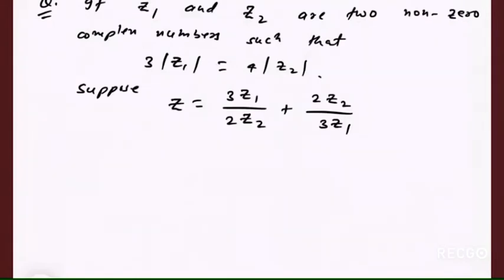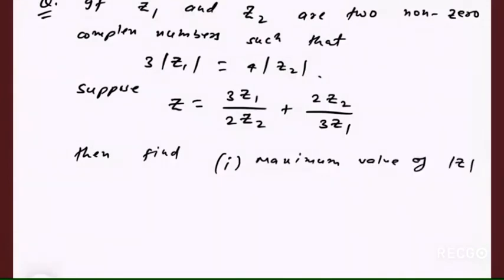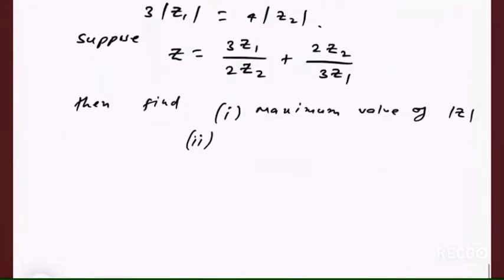Then we have to find, in fact, there are four subparts of this question. The first part says we have to find the maximum value of mod z. Similarly, the second part says that we have to find the minimum value of, I think it should be the real part of z.